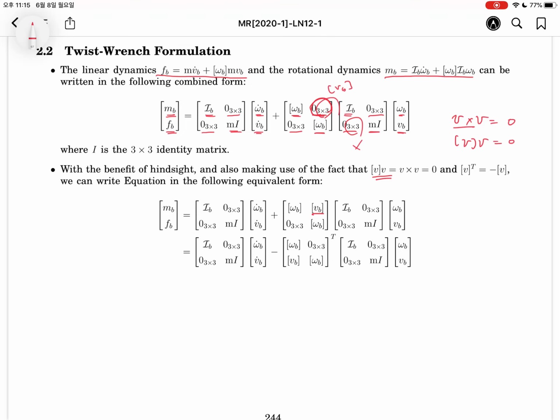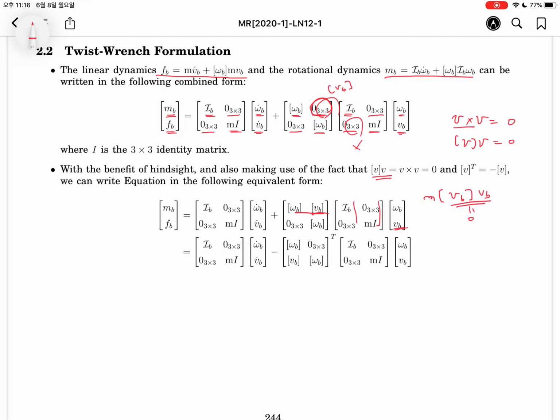This part will be applied later. Okay, let me write down again this one and this one. It's the same. This one will be v_B skew symmetric times mass, and later v_B will be applied, so it is zero.